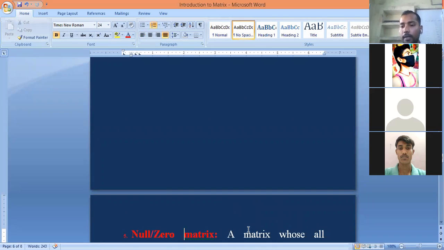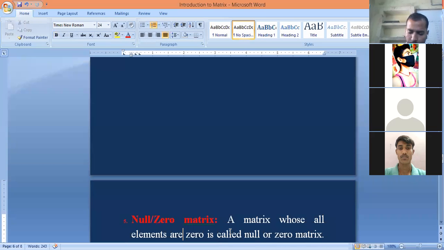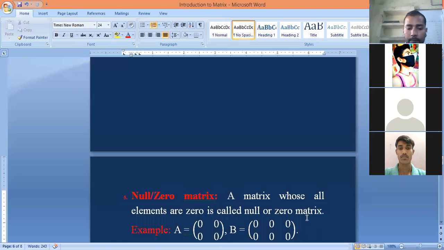Null or 0 matrix. It means what? If any matrix consists of all elements being zeros, such matrices are considered as 0 or null matrix. As you can read here, a matrix whose all elements are 0 is called a null or 0 matrix. For example, here you can see A is equal to 0, 0, 0, 0.